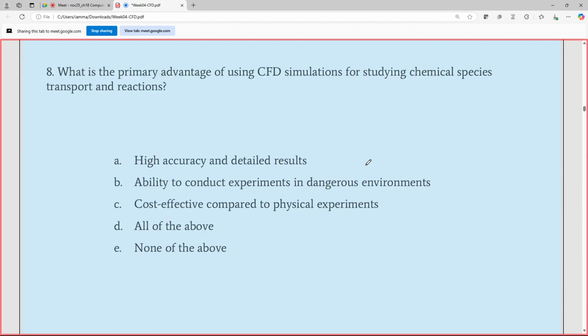Moving on to the next question. What is the primary advantage of using CFD simulation for studying chemical species, transport, and reactions?